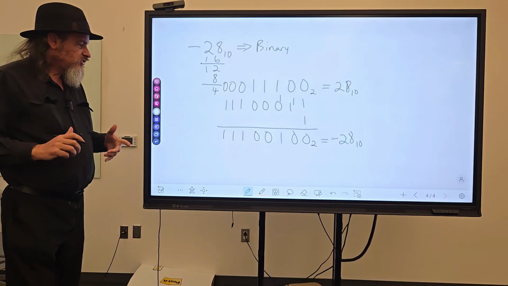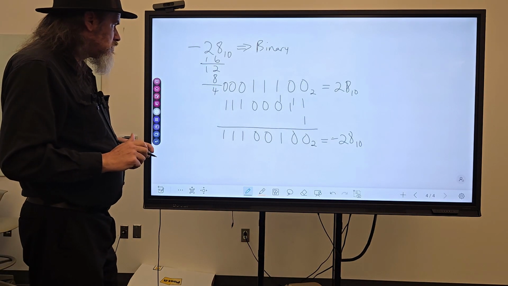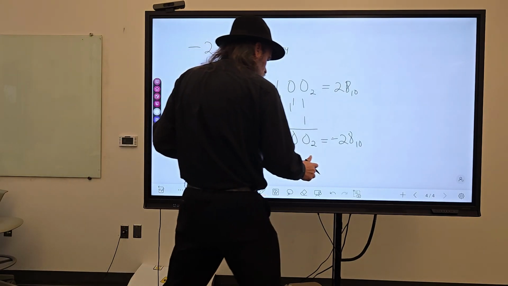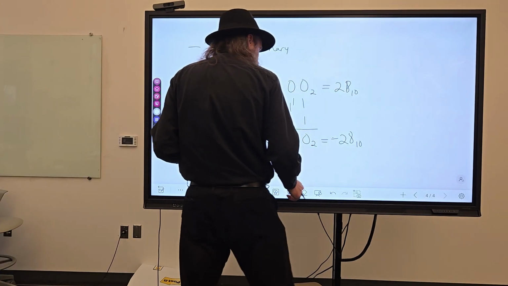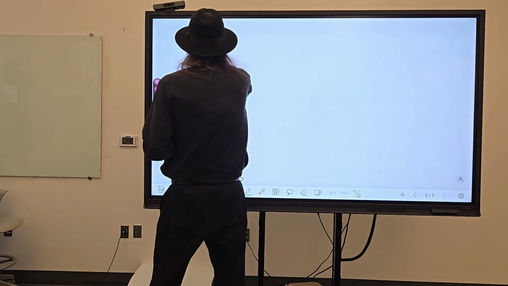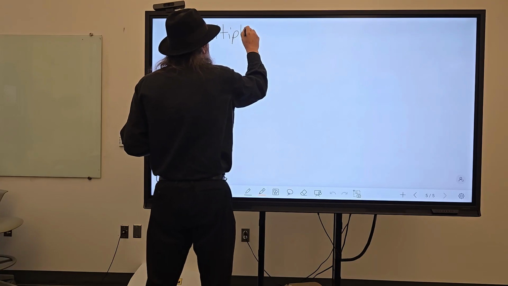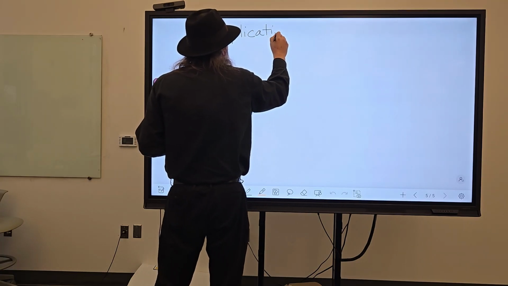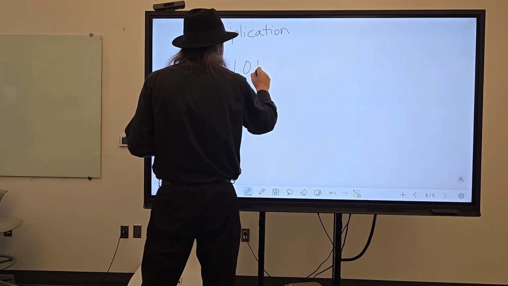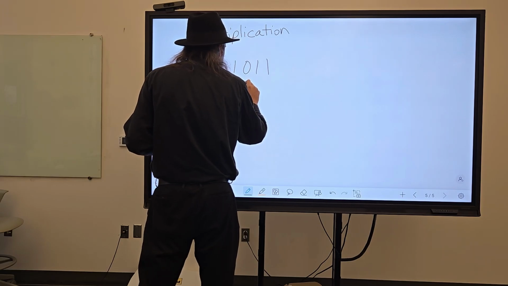So now with multiplication, it works basically the same as decimal as well. So you have a number times another number.